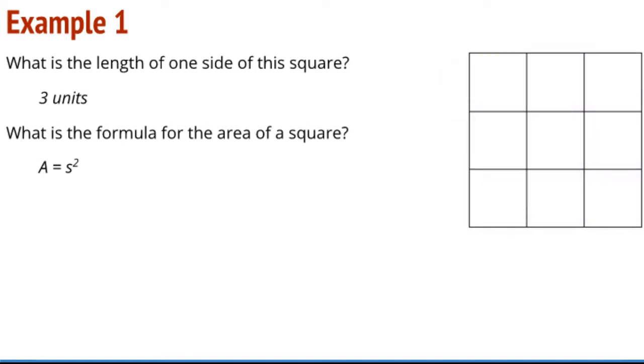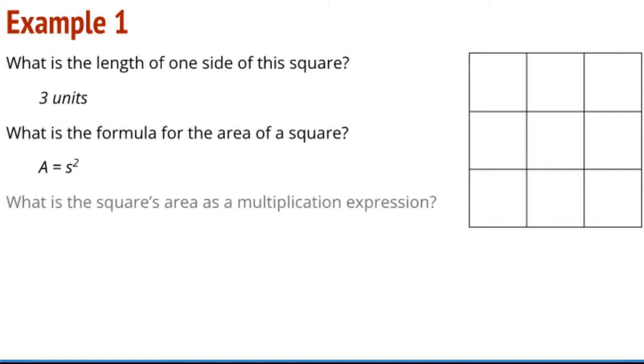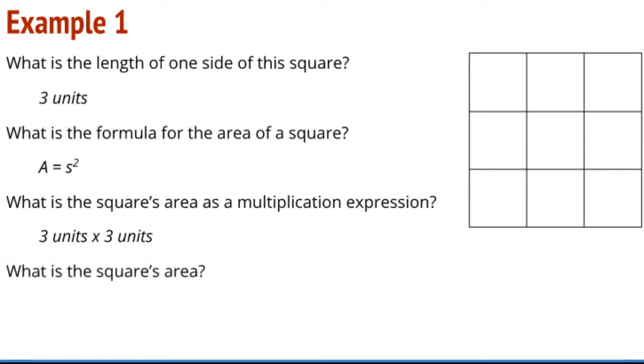So hopefully you remember that you would take the 3 units and multiply it by the 3 units to indicate that there are 9 squares in this square. And notice we designate this as square units.